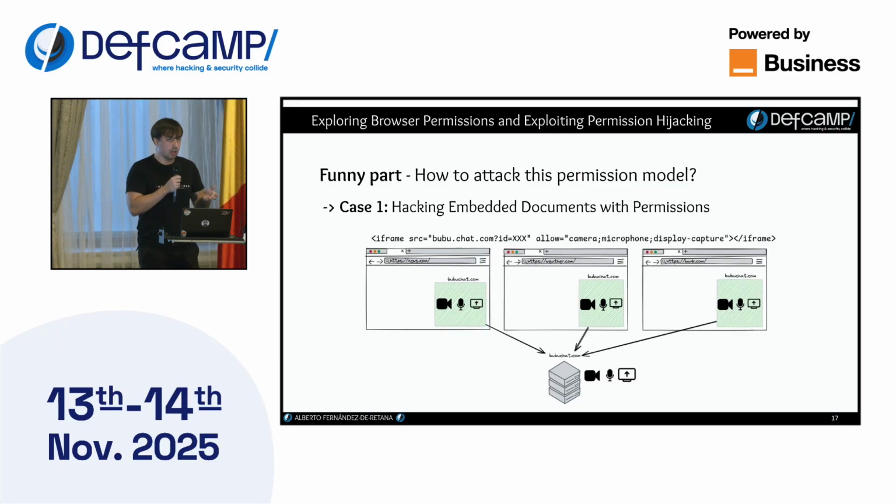In this talk, I will be presenting two kinds of cases, and inside these there will be two popular software products in which I found vulnerabilities. The first one is to hack embedded documents that have relevant delegation, for example camera, microphone, and display capture or screen sharing.